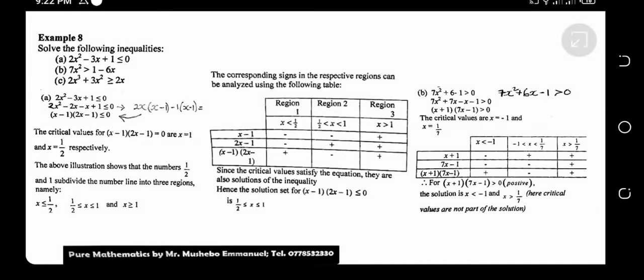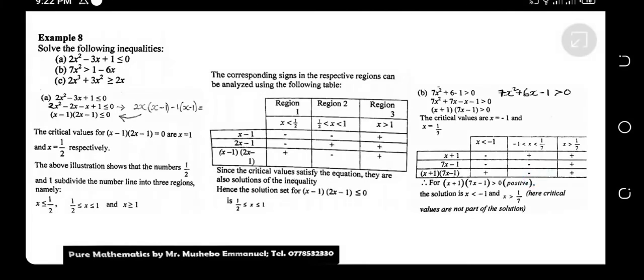Then negative times negative, we get positive. Between -1 and 1 out of 7, in this region, we can pick 0. When you put 0 in the first factor, you get a positive answer. When you put 0 in the second factor, you get a negative. Then positive times negative, we get negative.